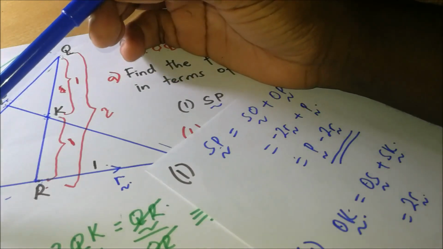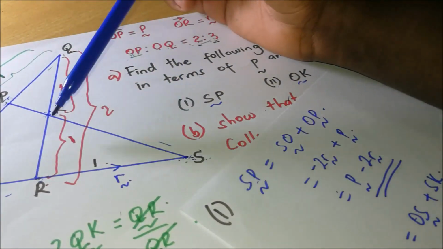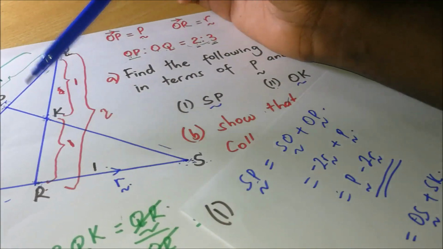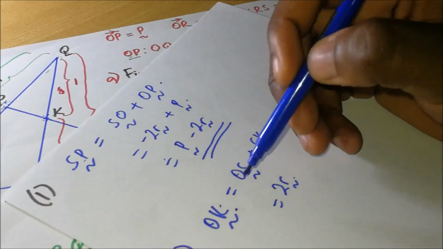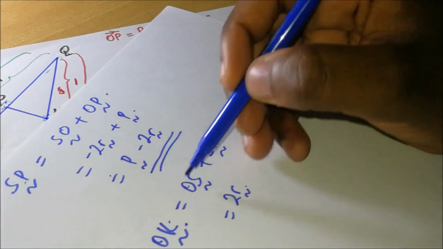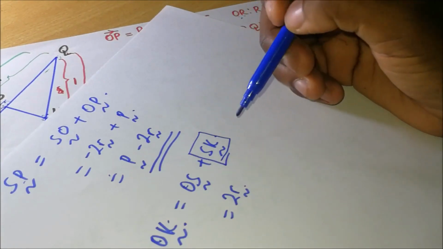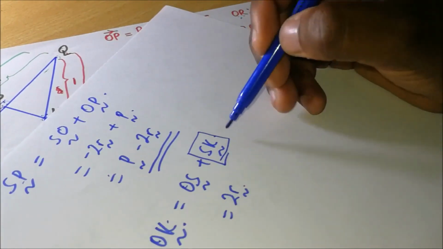I had used from O to S, then S to K, but now I'll change. I'll say OR plus RK. I'll change this because this SK is a problem. It's not labeled anywhere in our question. So let's change the route.